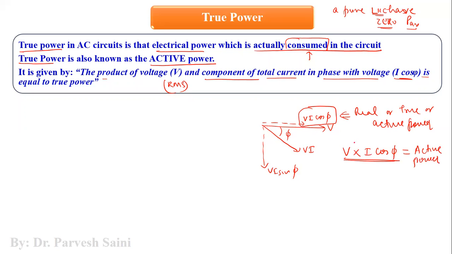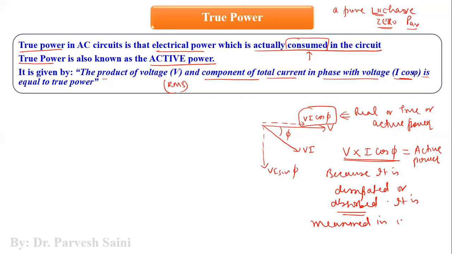Now, because this power is dissipated or absorbed, it is measured in watts. So the unit of this power is watts. So let us elaborate this further.